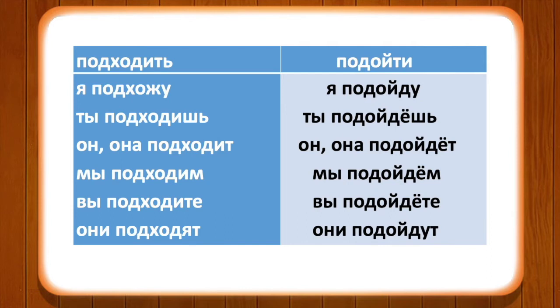Я подхожу, ты подходишь, он, она подходит, мы подходим, вы подходите, они подходят. The second one is подойти.